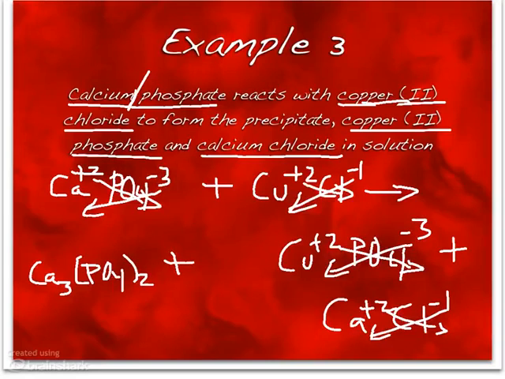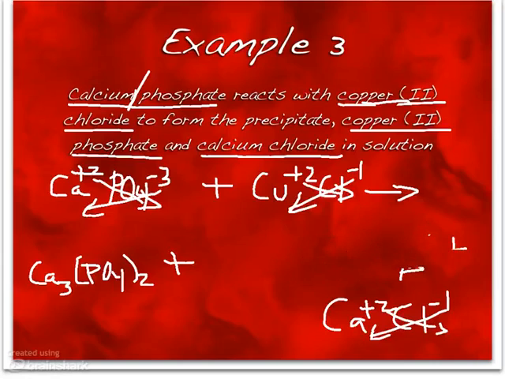Then you'd have the Cu, which would be 1 coming down, Cl, which is 2.